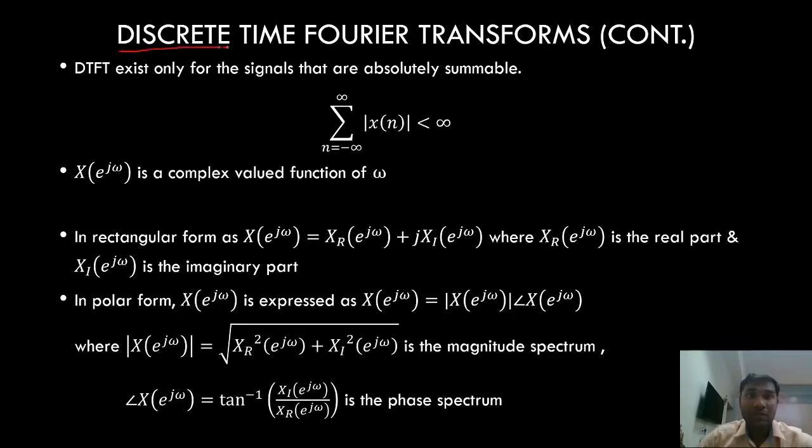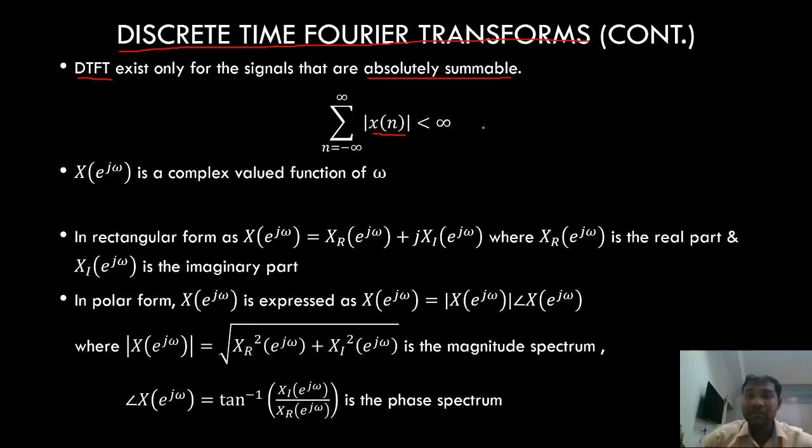In the case of discrete time Fourier transform, there is only one condition for the existence of DTFT. And what is that condition? The given signal x of n must be absolutely summable. That is, summation from minus infinity to infinity of mod x of n must be less than infinity.